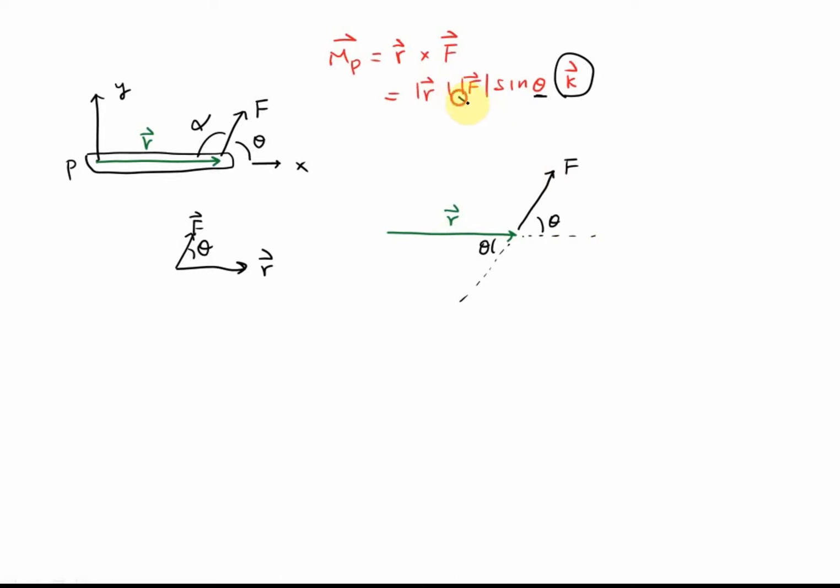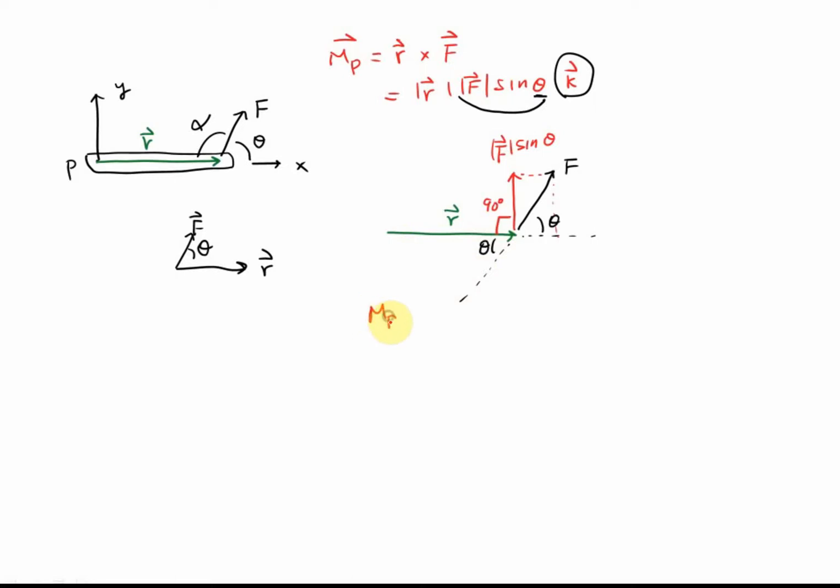And then what is f sine theta? This is f sine theta, right? Which means this one should be 90 degrees.